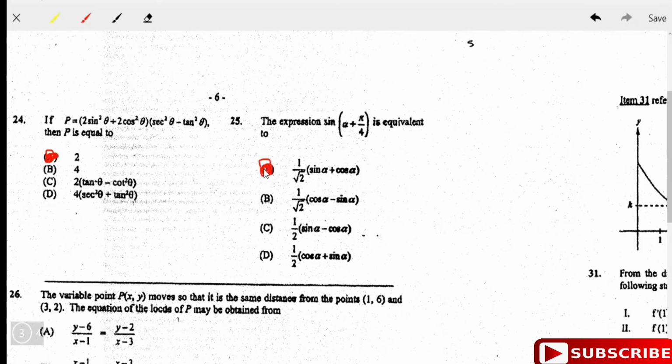And the reason why it has to be alpha is because when you're expanding this, it is a sine of alpha plus the cosine of pi by 4. And the cosine of pi by 4 is 1 over root 2. This is the only one with that option. So that's alpha.